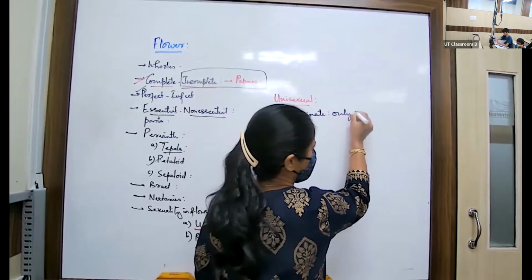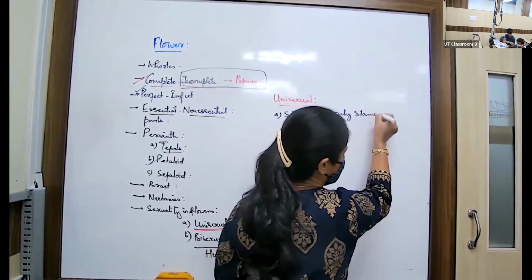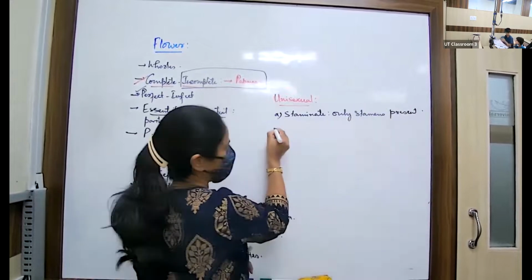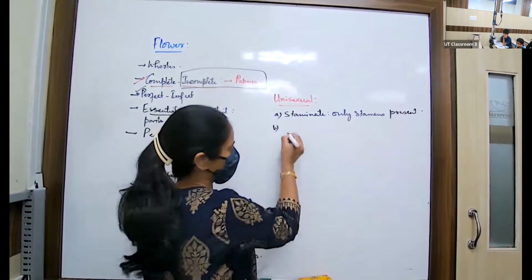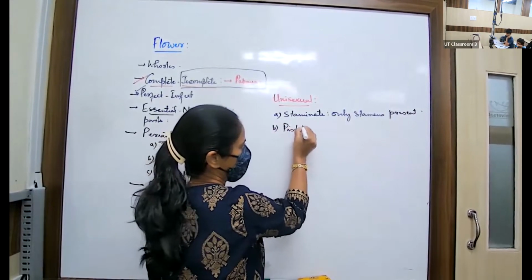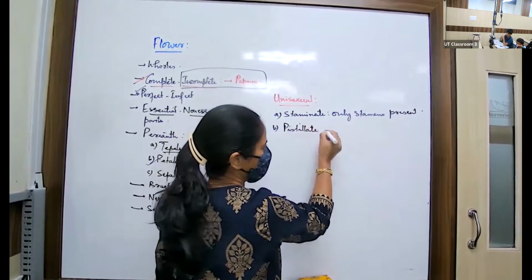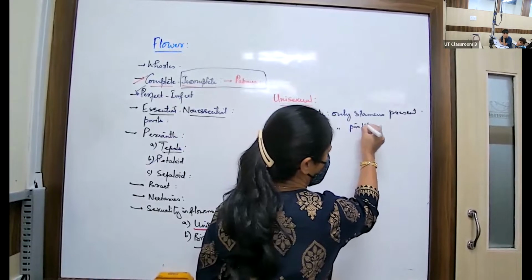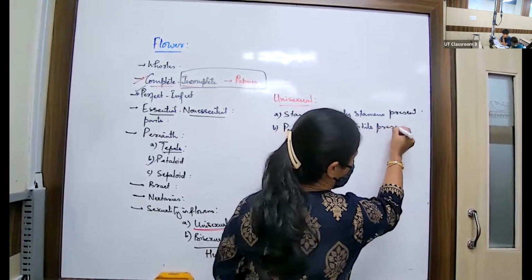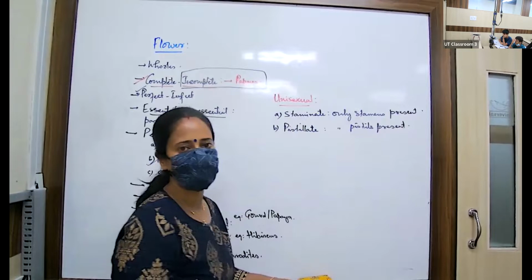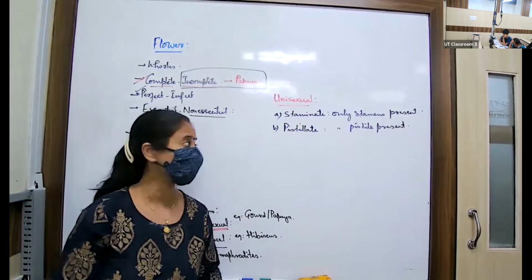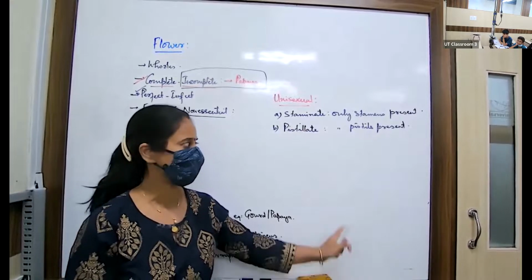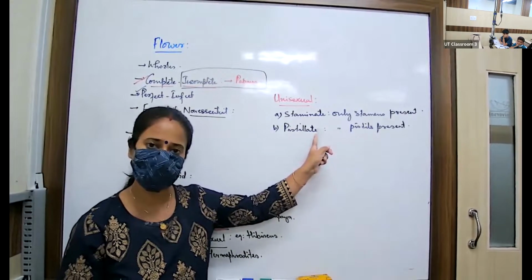Staminate flower, what is this? Only stamens present. And when we are talking about pistillate flowers, what is the meaning of this? Only pistils present. Pistils or carpels are the female reproductive organs. So this way you have to remember. There are certain plants only containing the male flower, certain plants only containing the female part of the flower.